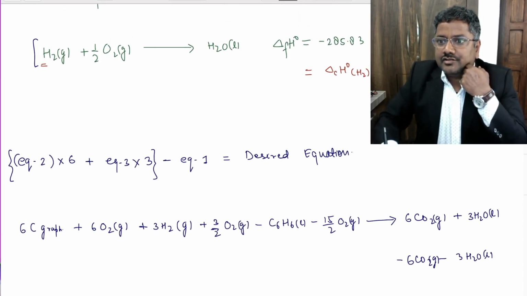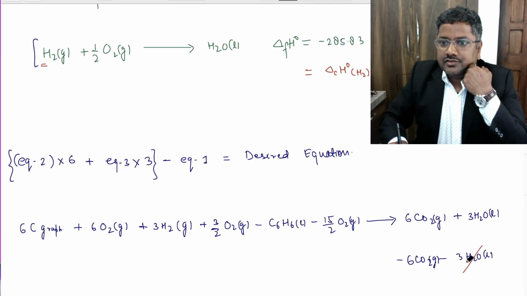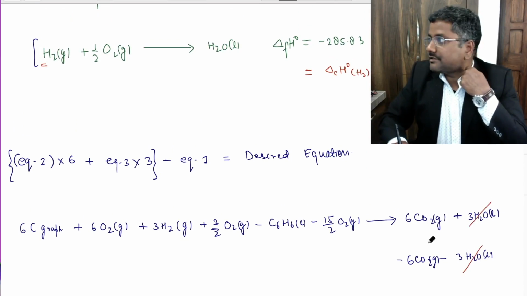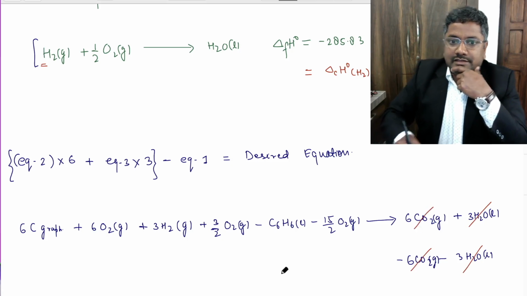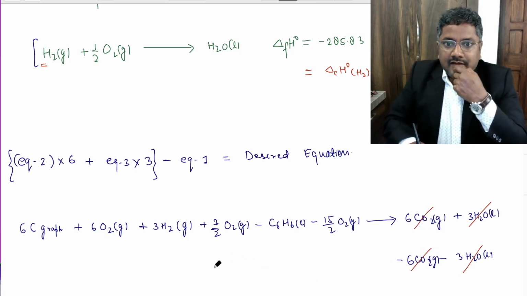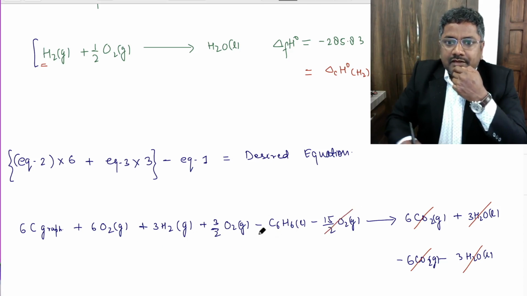Now rearrange the terms. 3 H2O liquid cancels, 6 CO2 cancels, and 6 O2 plus 3 by 2 O2 is 15 by 2 O2, which cancels against the 15 by 2 O2.